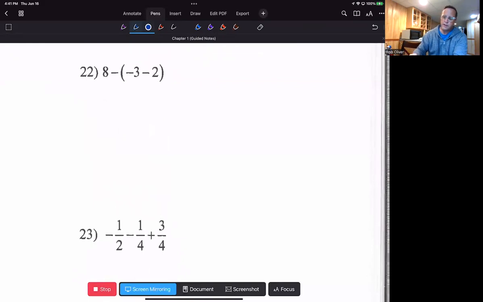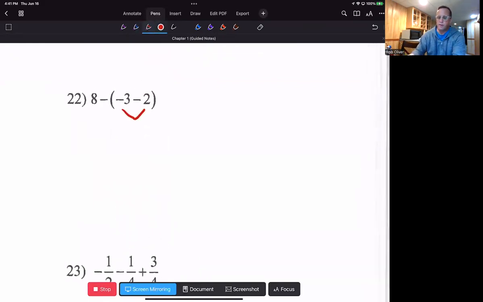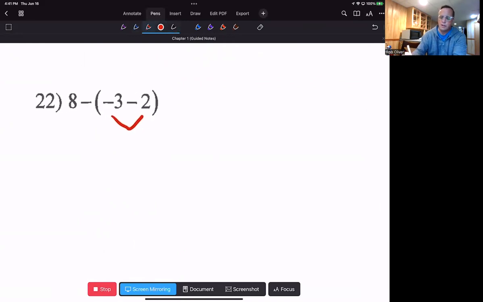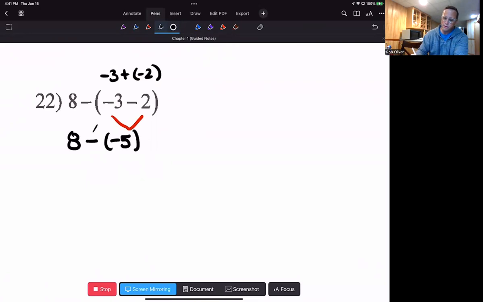Right. Moving ahead to number 22, we're going to do parentheses first. Now -3 minus 2 is the same thing as -3 plus -2. Now -3 plus -2 is -5. And notice there was a subtraction sign already there. Okay, so that was not affected.